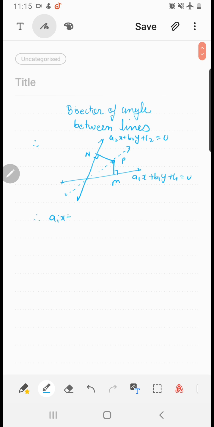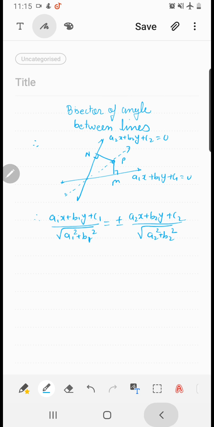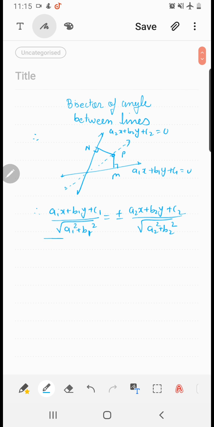If you recall, a1x plus b1y plus c1, that is the equation of line 1, upon under root of the coefficients squared and added, is equal to plus or minus a2x plus b2y plus c2 upon under root of the coefficients squared and added. So this was the shortcut we use for finding the equation of the bisector.